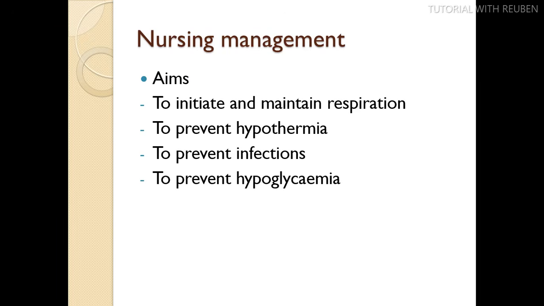When you've talked about those three, the ABC, and resuscitated the baby, it means you've covered our first aim, which is to initiate and maintain respirations. Now we are going to move on to prevent hypothermia.